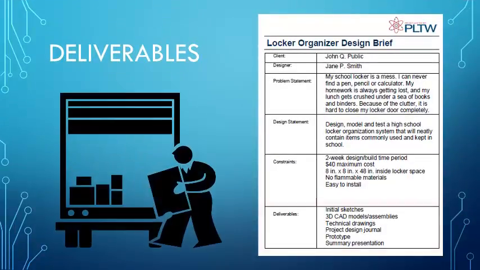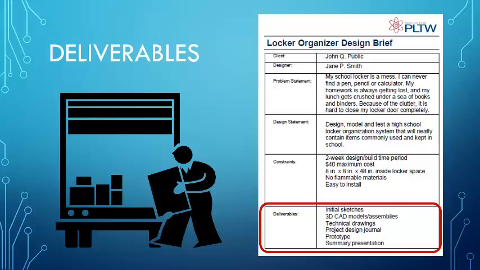And then finally, there's the deliverables. Now, the deliverables are that end product, what you're hoping to show off to the client as proof of your problem solving efforts or that whole design process. And it is listed here.